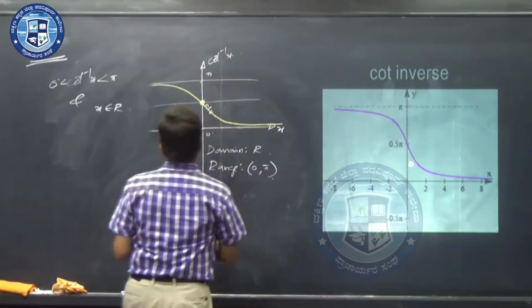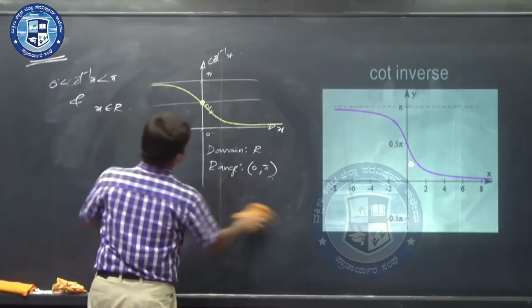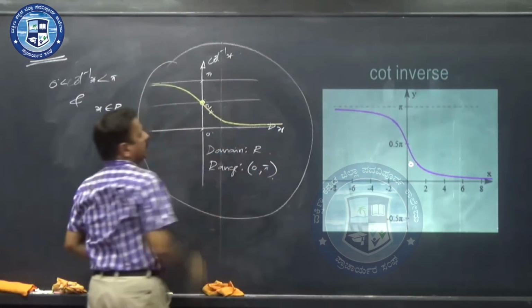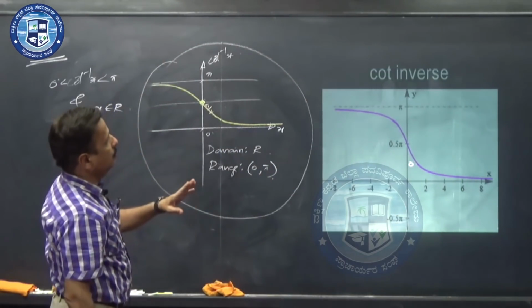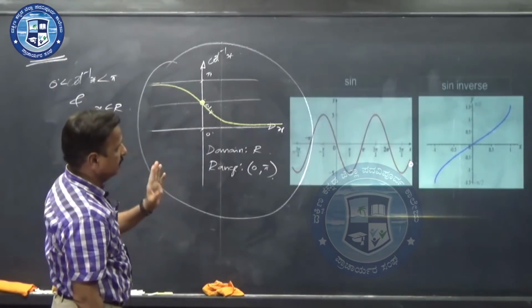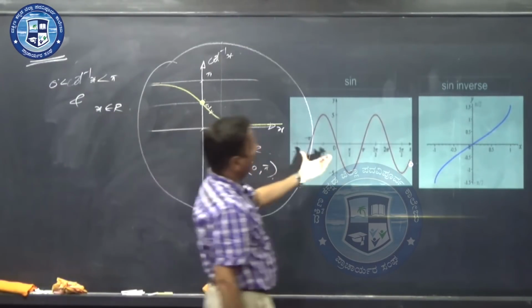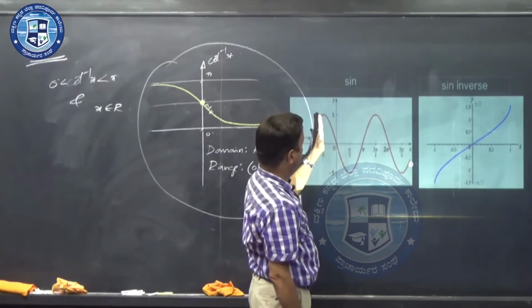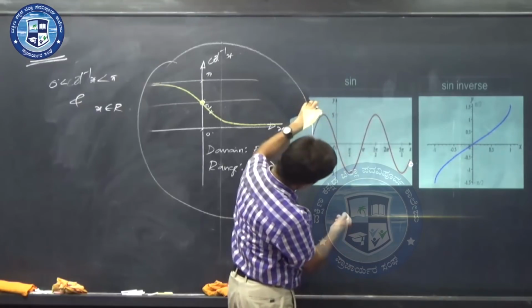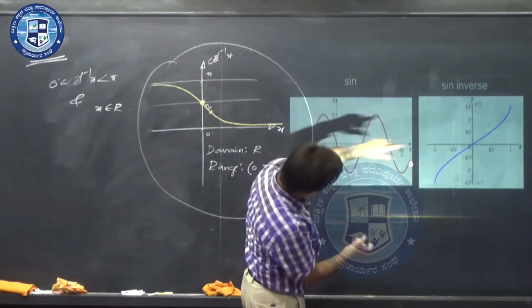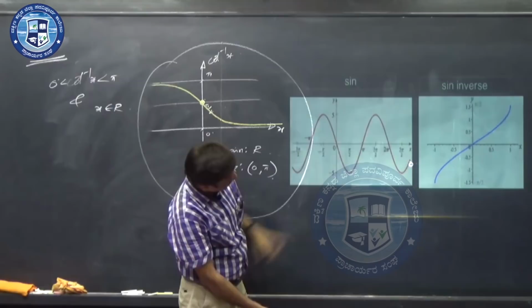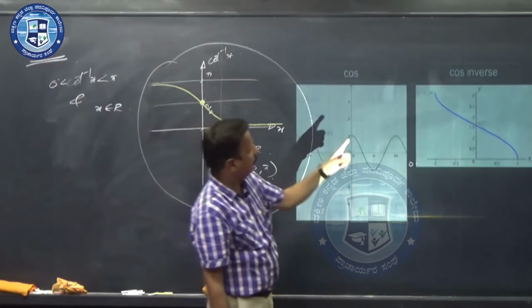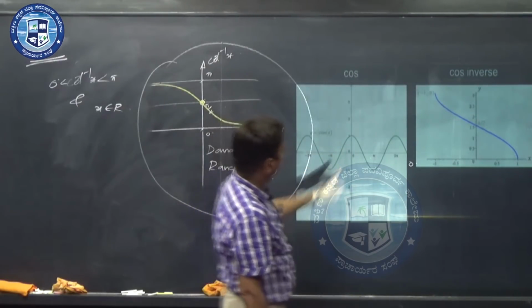Next, if you compare different graphs, this is very important to remember. Graph of sine inverse, between minus pi by 2 to plus pi by 2. If you reverse that, the graph will be like this. Next, cos and cos inverse, between 0 to pi.